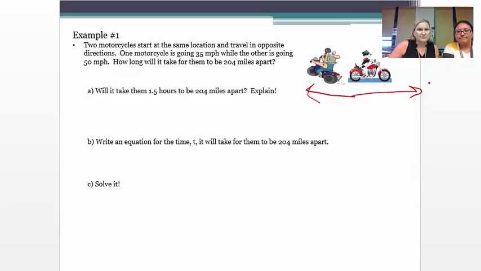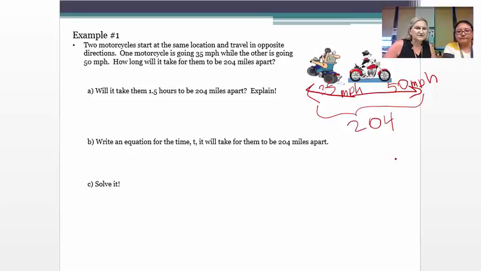One motorcycle is going at 35 miles per hour, while the other is going at 50 miles per hour. How long will it take for them to be 204 miles apart? So I want their total distance to be 204 miles apart.